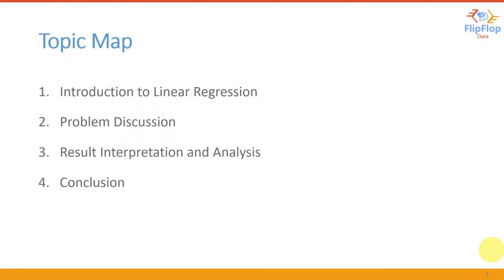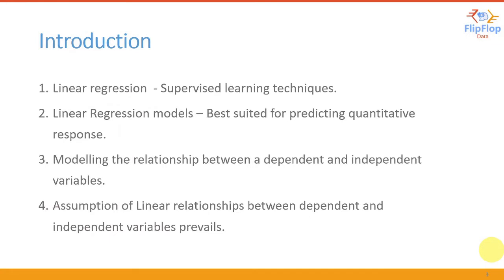So what is linear regression? Linear regression models are part of the family of supervised learning algorithms. In particular, these models are a useful tool for predicting a quantitative response. They form a part of inferential statistics, since analysis tends to infer properties of an underlying distribution, that is the population.